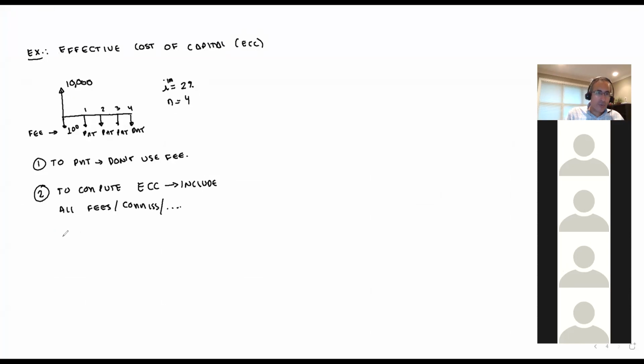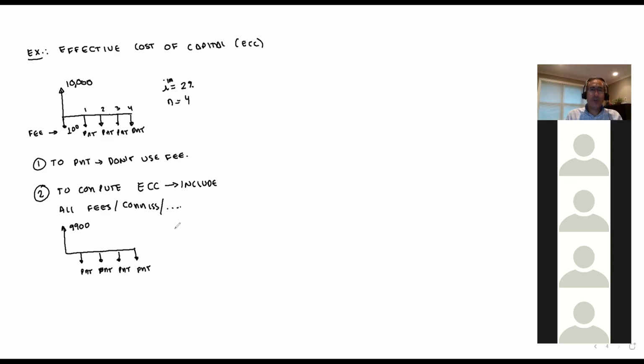So this implies that for that one here, this is going to become 9,900, and then you have your payments. And then you find the effective cost of capital.